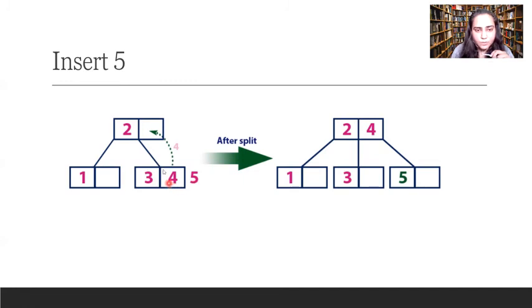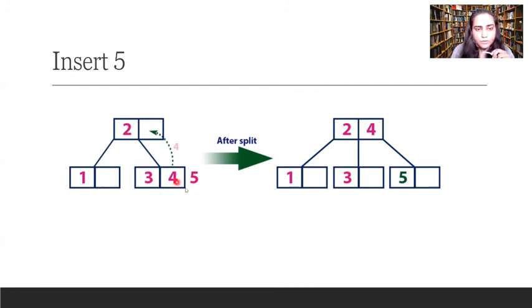So now I'm going to split from 4, but I'm not going to do something like this is what most people do. A mistake that most people make is that they will put 4 here and they will create new nodes below 4 and attach 3 and 5 like this. But that's not how a B tree works.